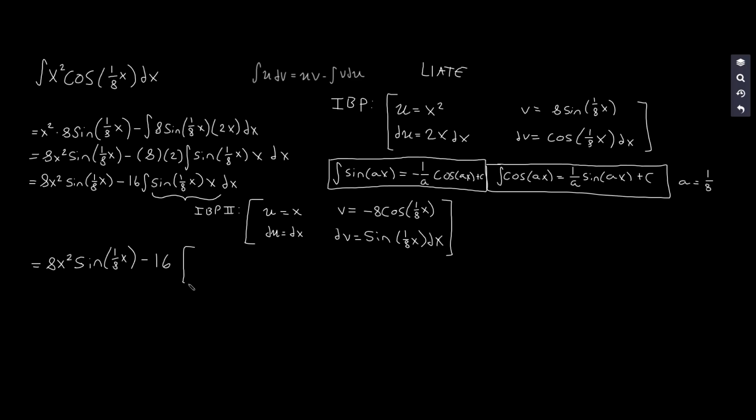This is going to be 8 times x squared times sine of 1 over 8 times x minus 16. Here's where some more brackets come in because we need to set up our new integration by parts.